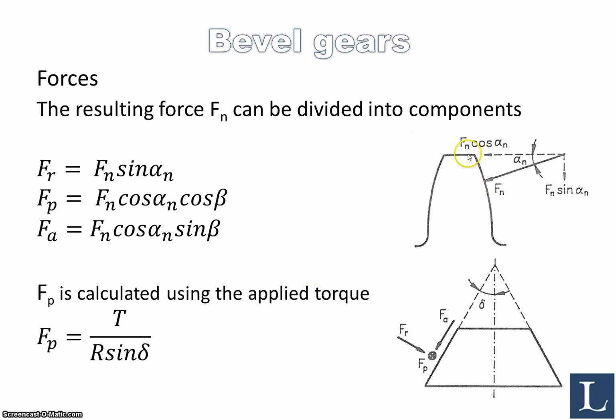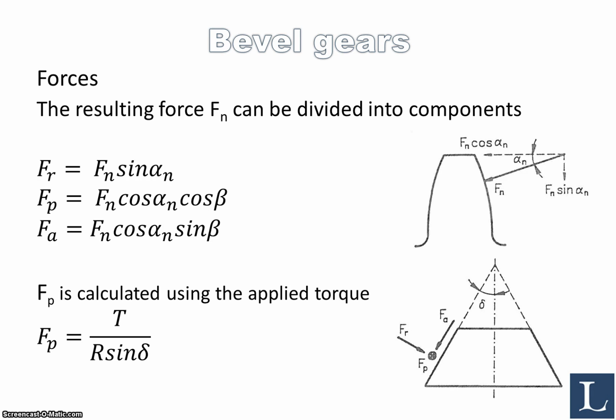According to the figures shown here, the radial force is related to the normal force, Fn, with the alpha n angle. The peripheral force is related using the alpha n and beta angles, and the same thing for the axial force, but in this case we have sine for the beta angle.